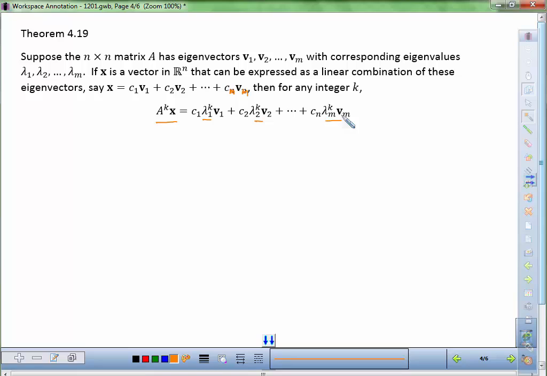So this is almost like saying, as long as we have this vector x that we can write with v1 through vm, it's like using the eigenvectors as a basis for this vector x.